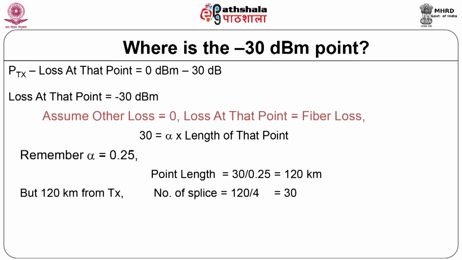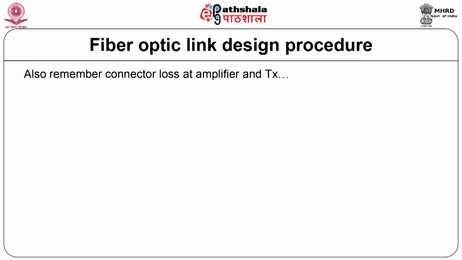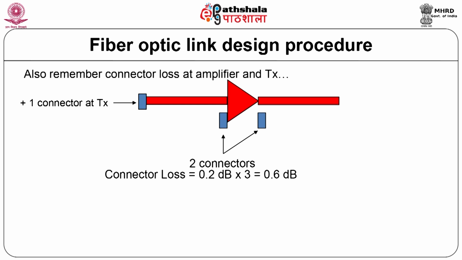But 120 kilometer from transmitter, number of splice is equal to 120 upon 4, that is equal to 30. Splice loss is 0.1 dB into 30, that is 3 dB. Fiber optic link design procedure. Also remember connector loss at the amplifier and transmitter. Two connectors, one at transmitter.